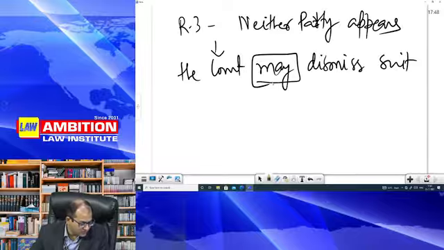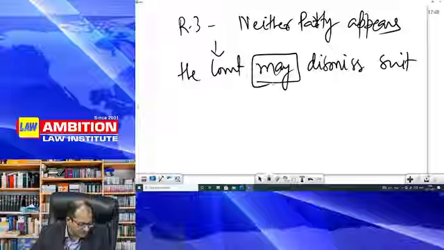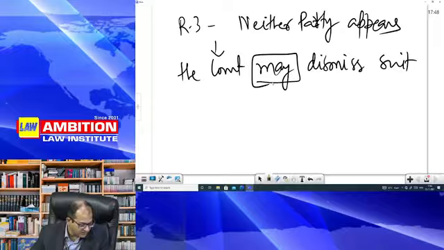Where a suit is dismissed under Rule 2 or Rule 3, the plaintiff may, subject to the law of limitation, bring a fresh suit, or he may apply for an order to set the dismissal aside. And if he satisfies the court that there was sufficient cause for such failure as is referred to in Rule 2, or for his non-appearance as the case may be, the court shall make an order setting aside the dismissal and shall appoint a day for proceeding with the suit. So there can be restoration.